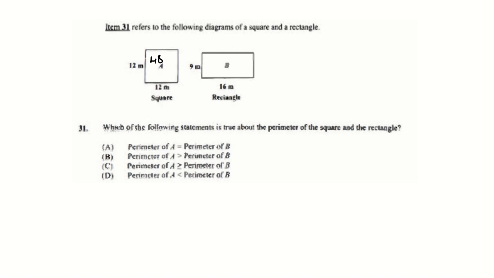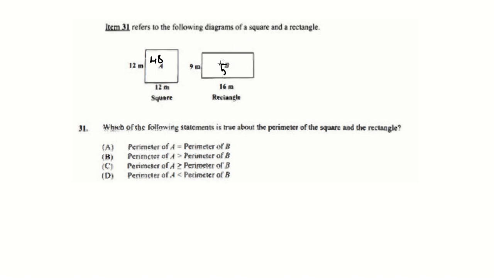Right, so we know that the perimeter of the square is 12 by 4, which is 48. The perimeter of this is 2 by length plus breadth. Right, so 16 plus 9 is 25. 25 by 2 is 50.